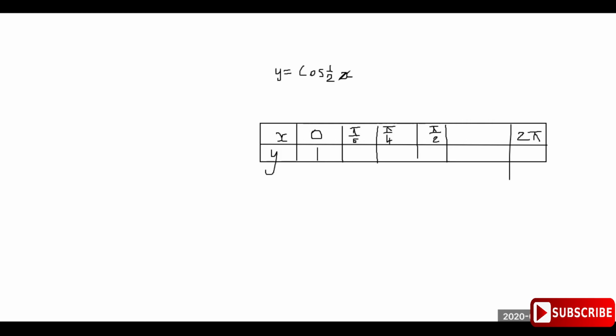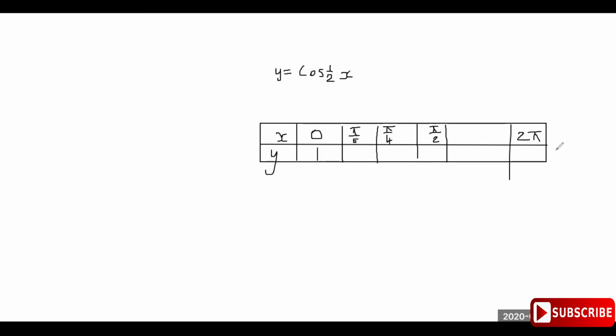The cosine of pi by 12. 180 divided by 12, so the cosine of 15. And then we know that the cosine of pi by 4, so cosine of pi by 8.